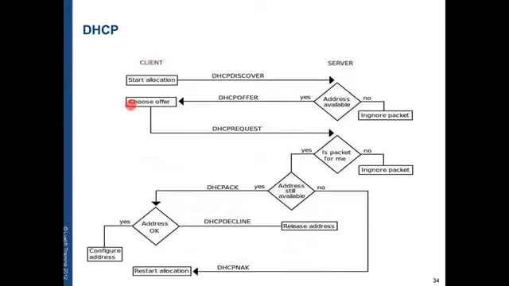The client may receive offers from multiple servers, so it will wait for a time before it chooses an offer, so it can choose the best offer from the servers that are configured in the network.